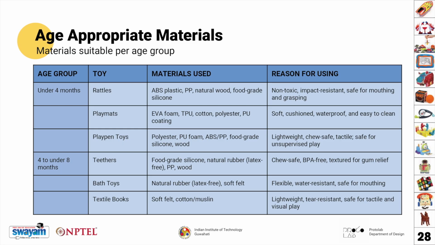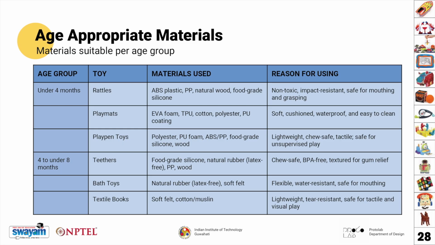Another common product in this stage is playmats, which are usually made from EVA foam, TPU, cotton, polyester, and PU coating. These materials provide soft cushioning, waterproof surfaces, and easy cleaning, making them safe and hygienic for babies during tummy time and early movement.